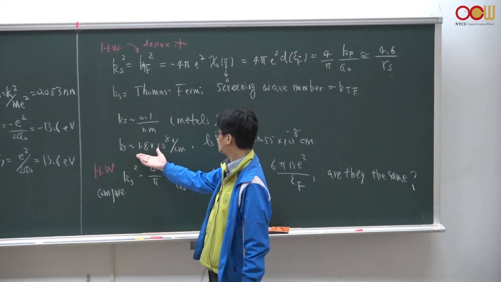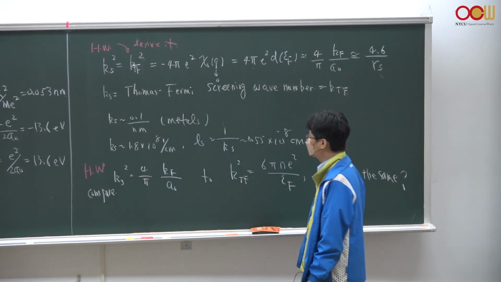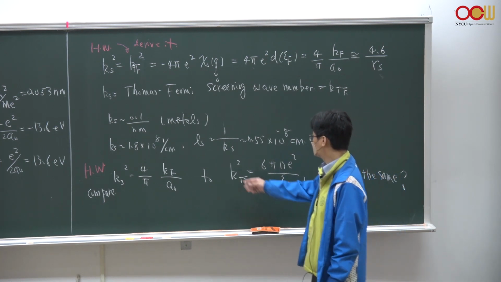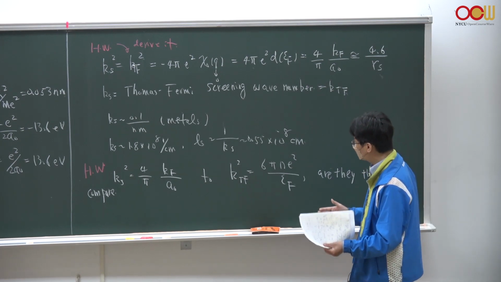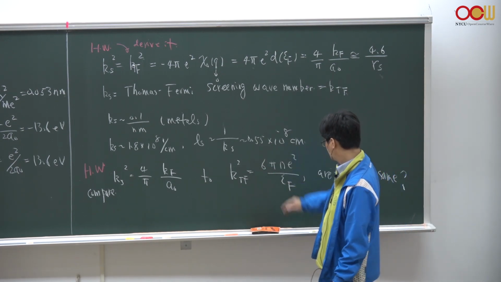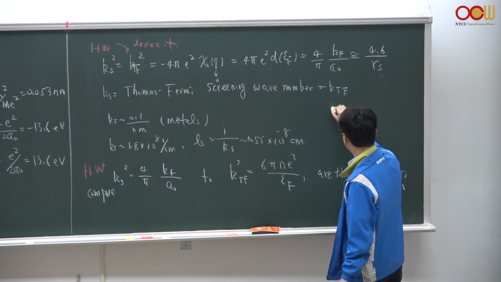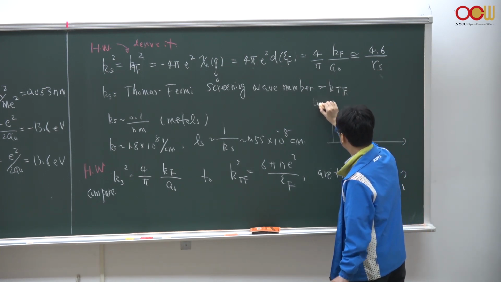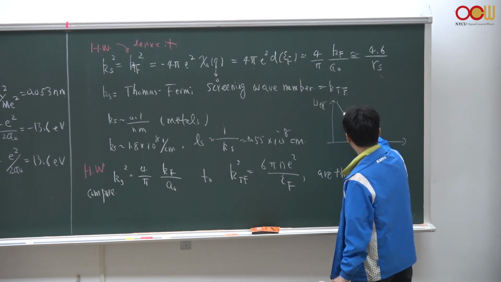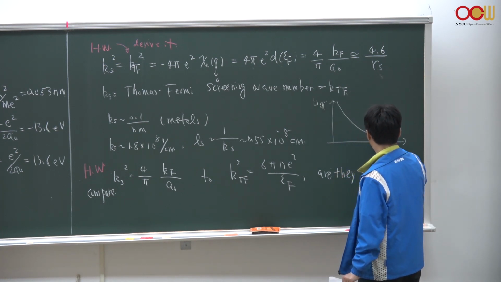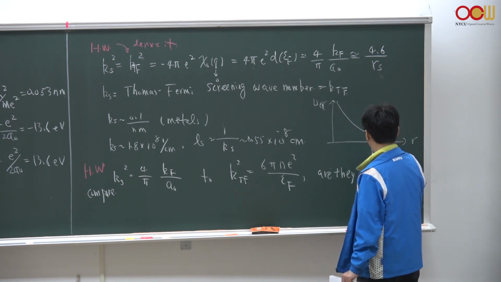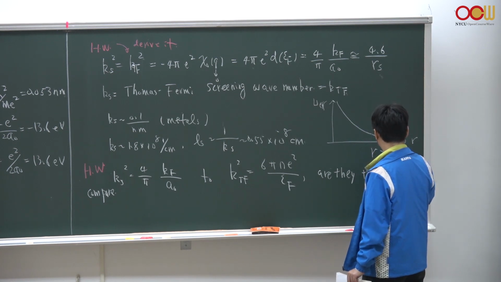For example, this Ks is about 2 times 10 to the 8 divided by centimeter, which means that the screening length is about that much in real space, meaning your 1 over r potential is going to be cut off when r is actually larger than this Ls.